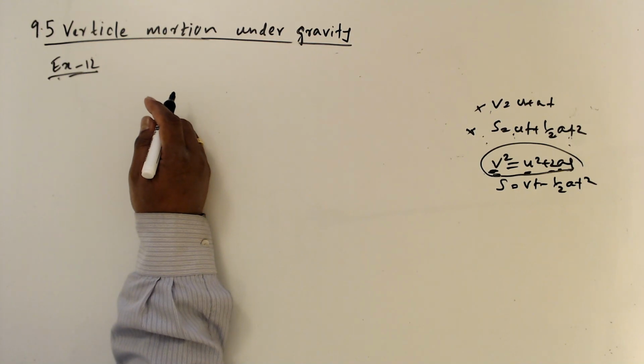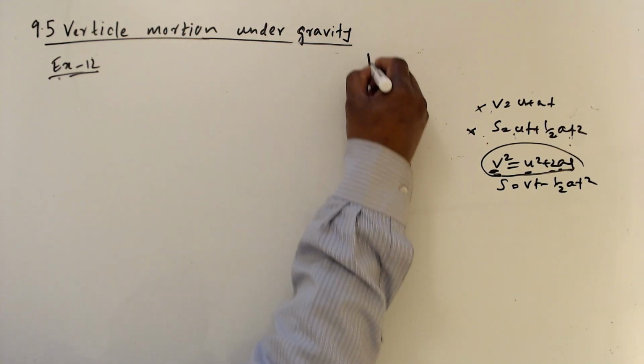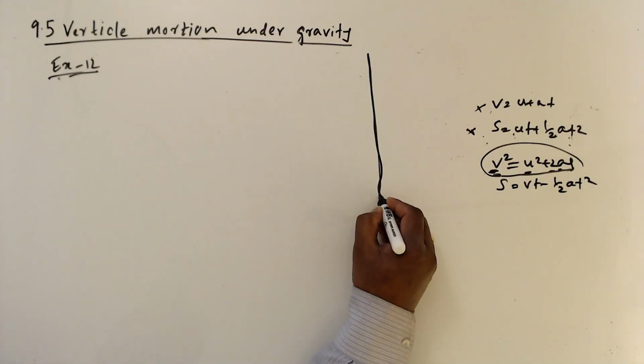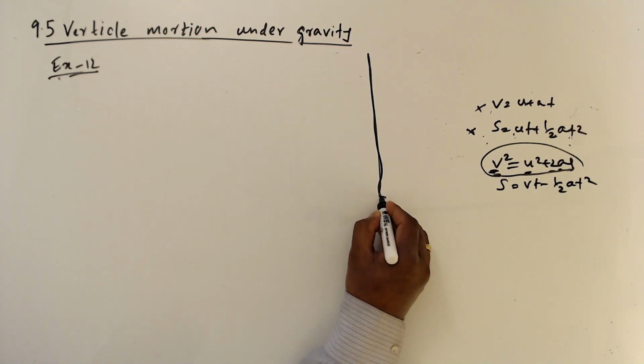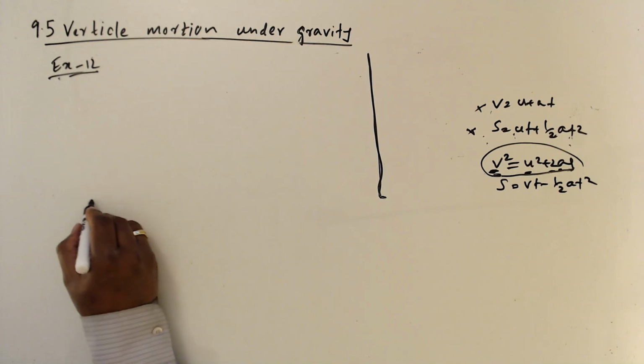Question number 12. A particle is projected vertically upwards from a point O with the speed u. The greatest height reached by the particle is 62.5 meters above O. Find the value of u. So it is also thrown and comes back again. So we can't draw that one like this, so we are just adjusting a bit.